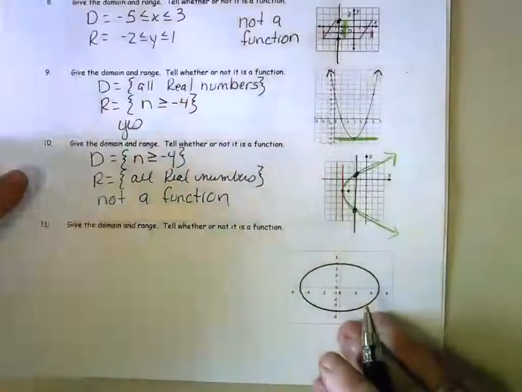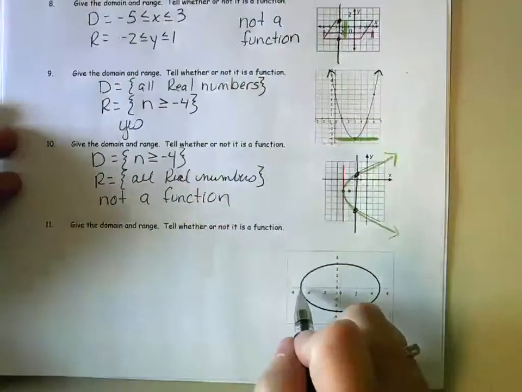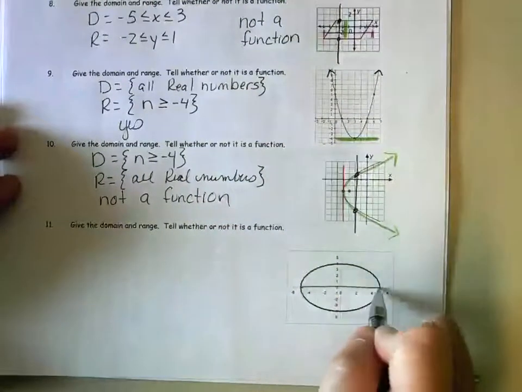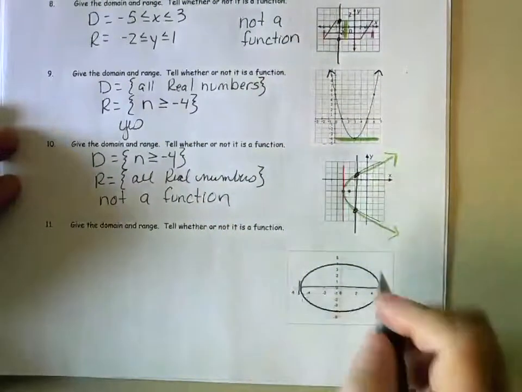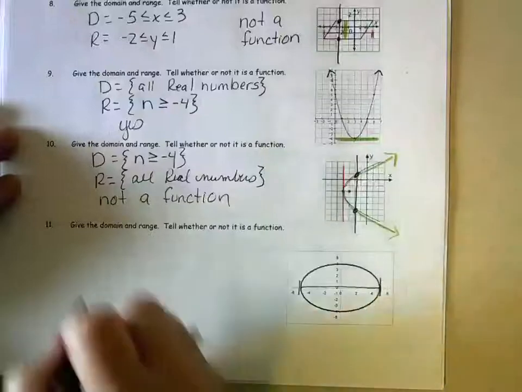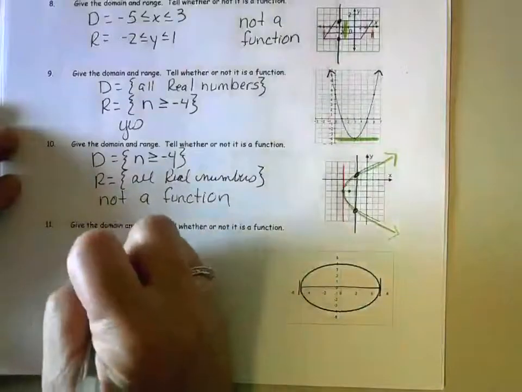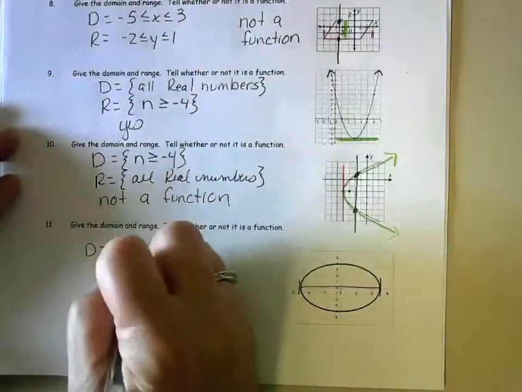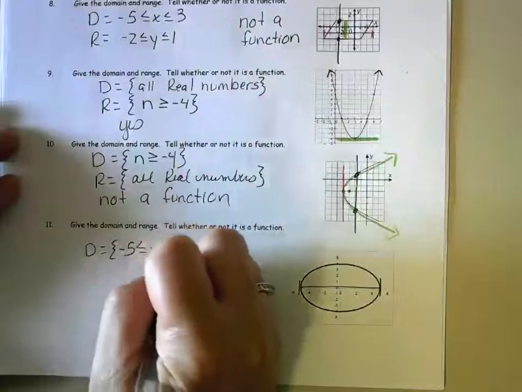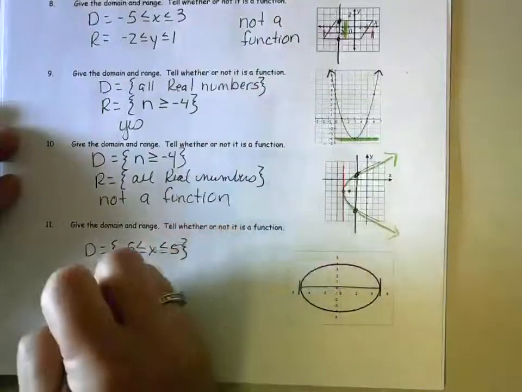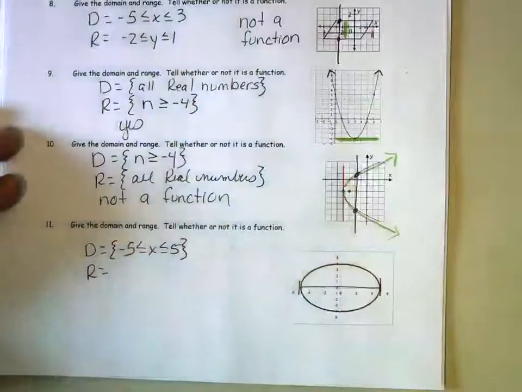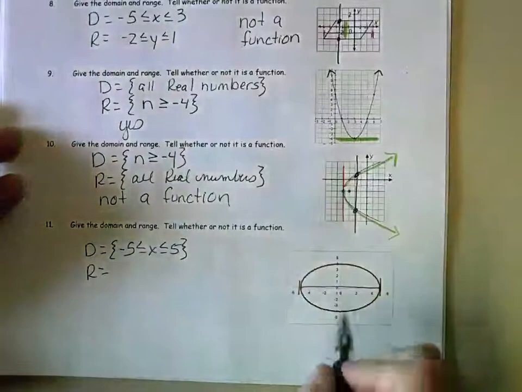Number 11, our domain is left to right. So this lower boundary is -5. This upper boundary is 5. Our range is top to bottom.